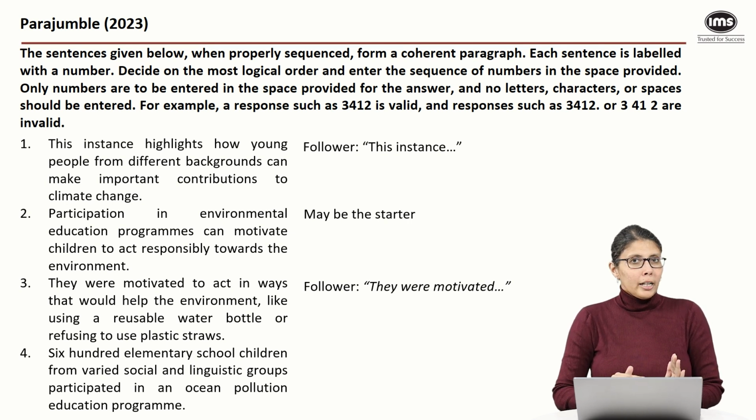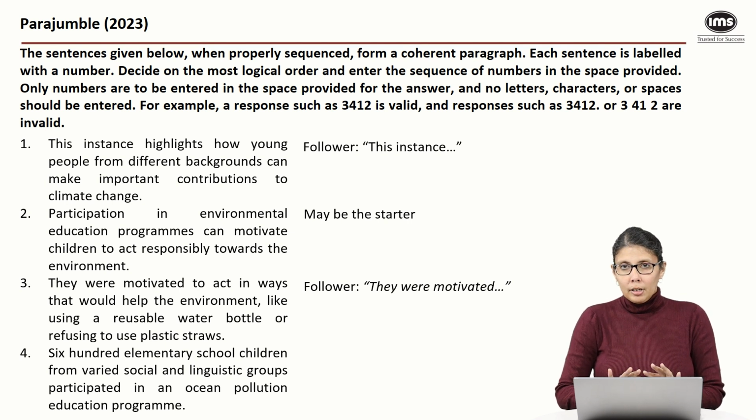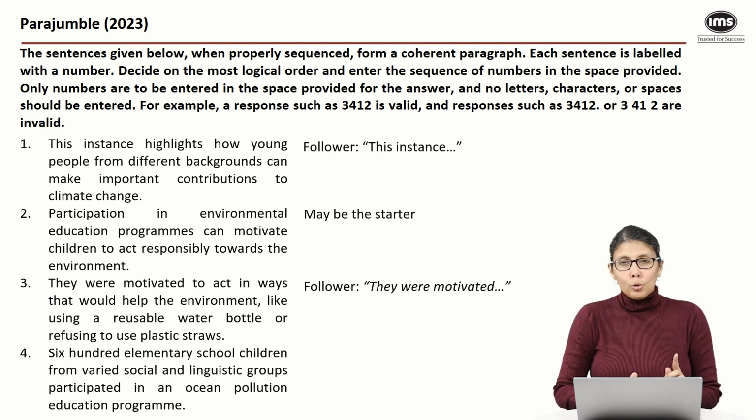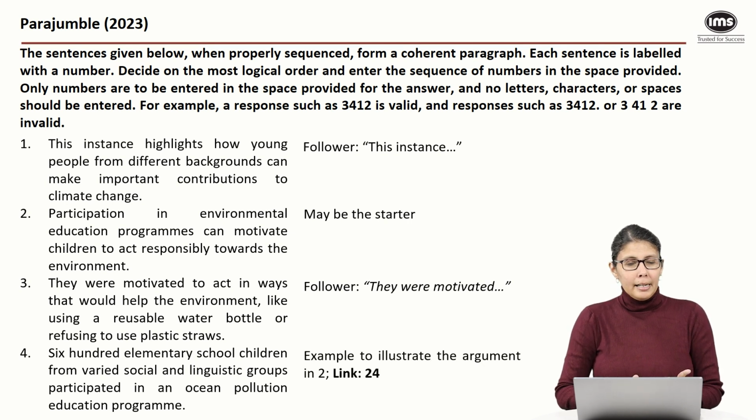So 4 is going to be an illustration or an example of something else. Can you figure out which one? Clearly it is point number 2. So 2 talks about generally participation in environmental education program can accomplish something. And the fourth one says that in fact, there was such an attempt made. So 2 and 4 become our first link.